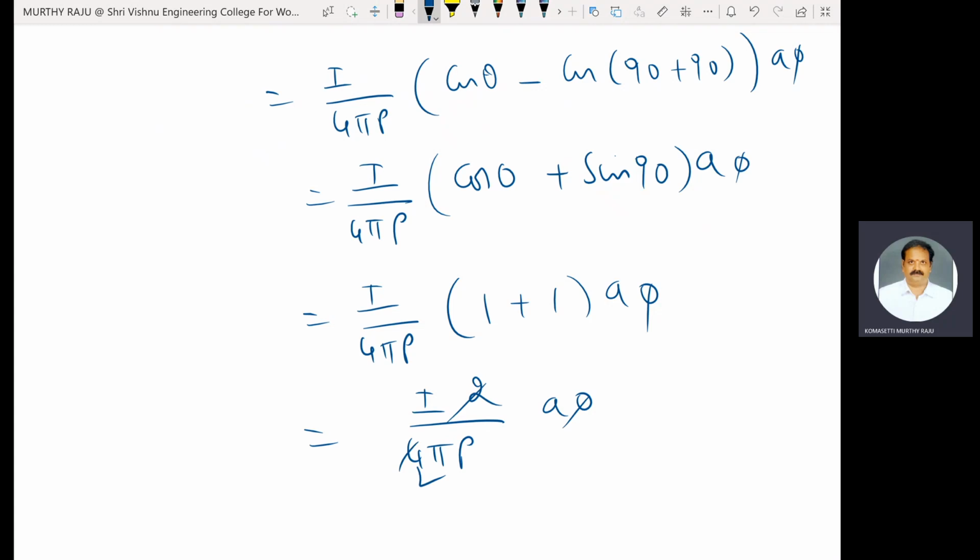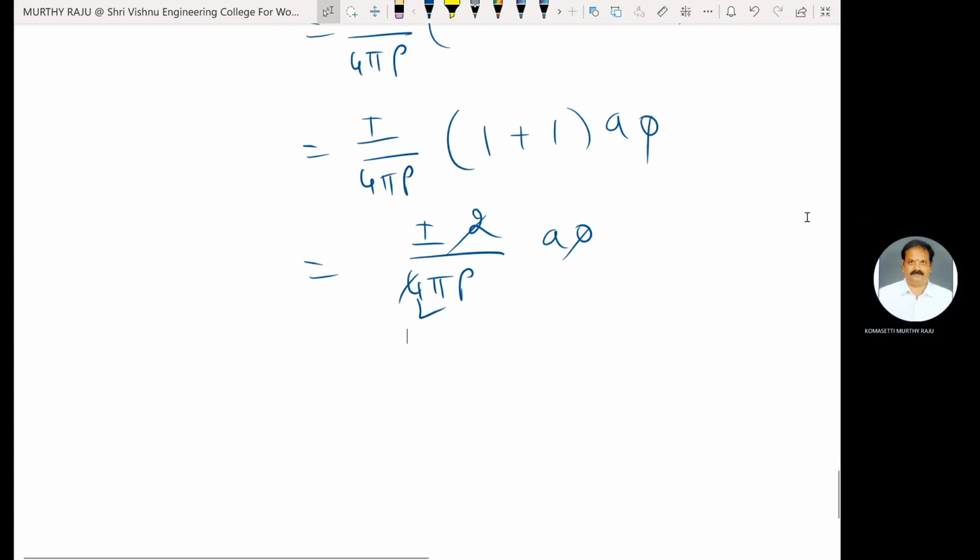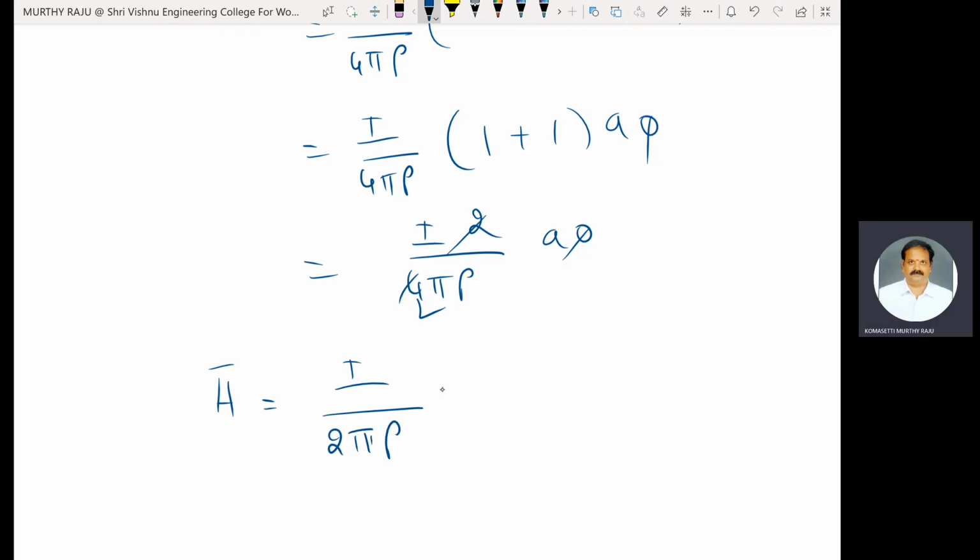Therefore, the magnetic field intensity H is equal to I by 2 pi rho a phi. This is the magnetic field intensity in amperes per meter.